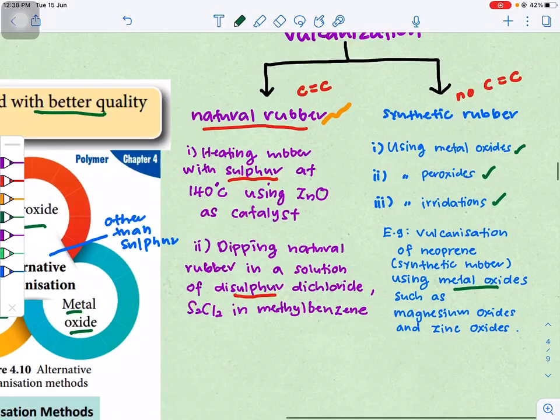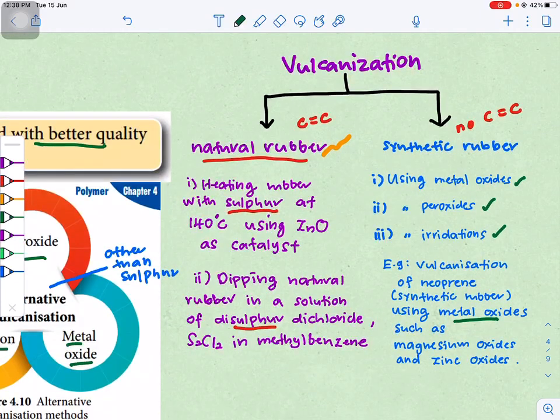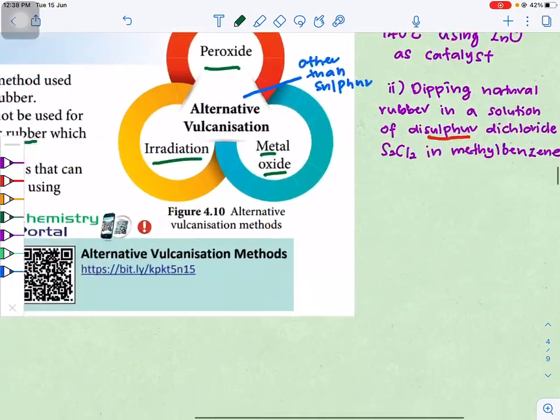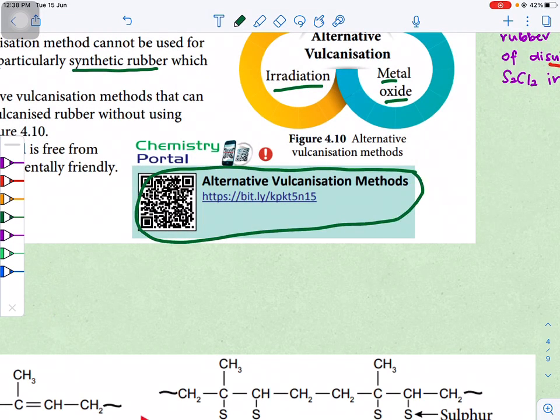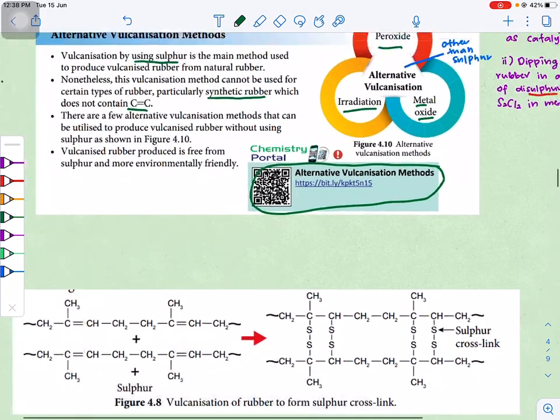So we still have the vulcanization process, but it differs according to the type of rubber. You can explore and get more information by scanning this code, or you can surf on your own from the internet.